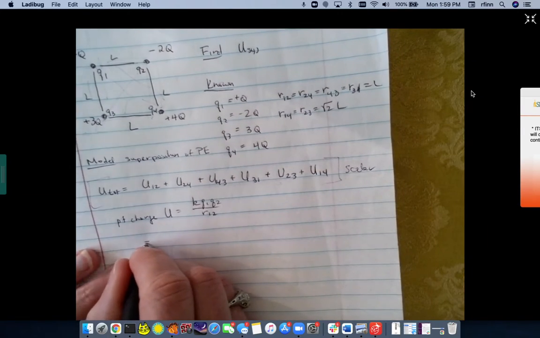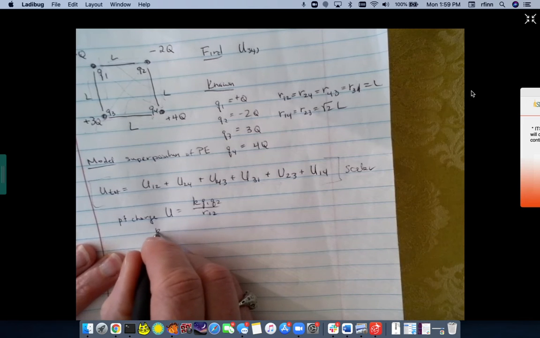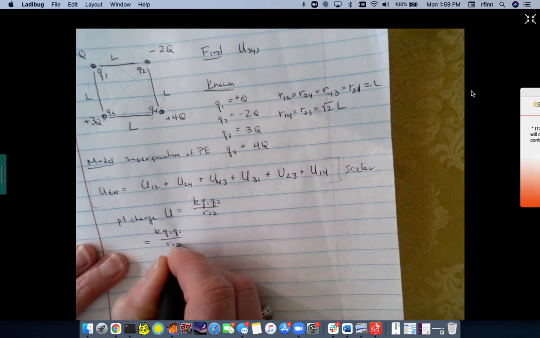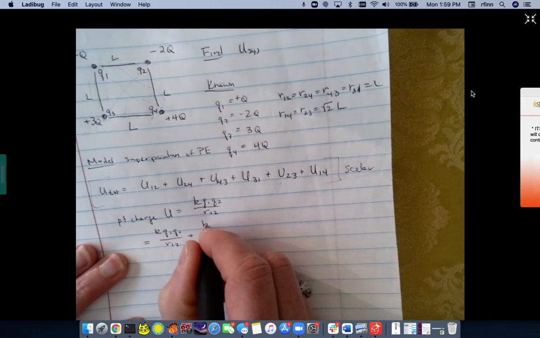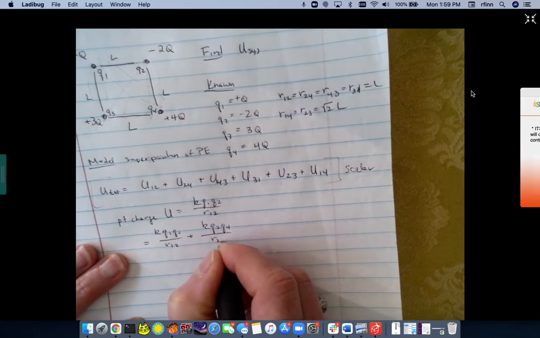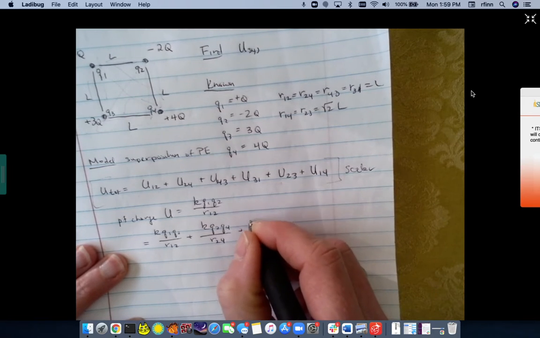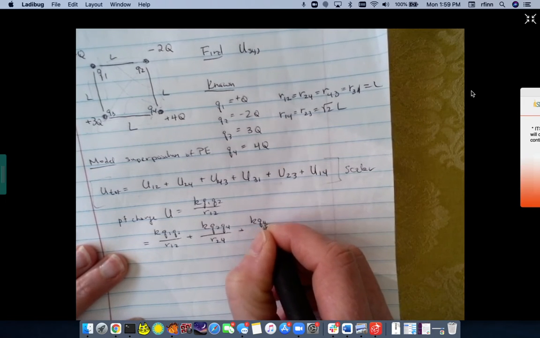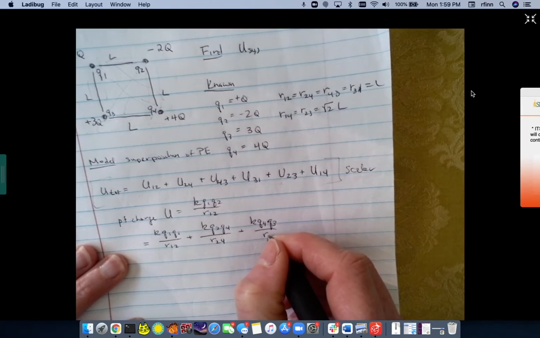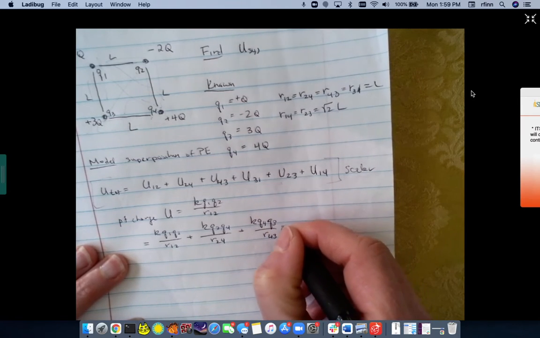Okay, so if we break this out now, we have K Q1 Q2 over the distance between them, plus K Q2 Q4 over the distance between 2 and 4. And we have K Q4 times Q3 over the distance between 4 and 3.